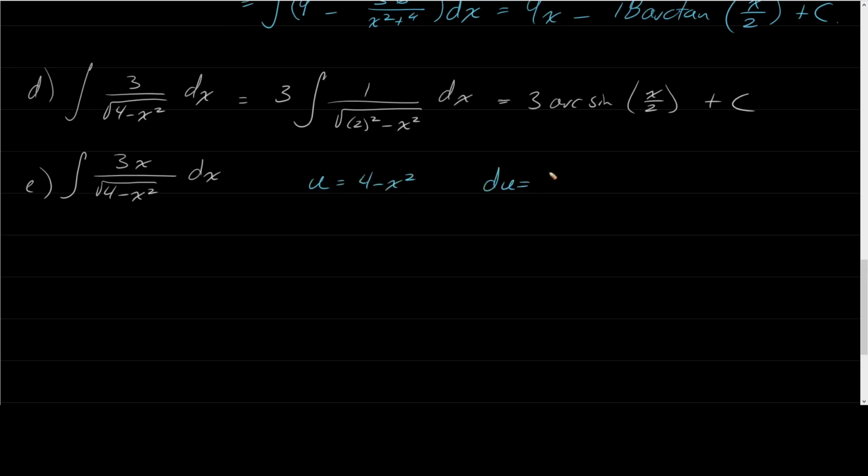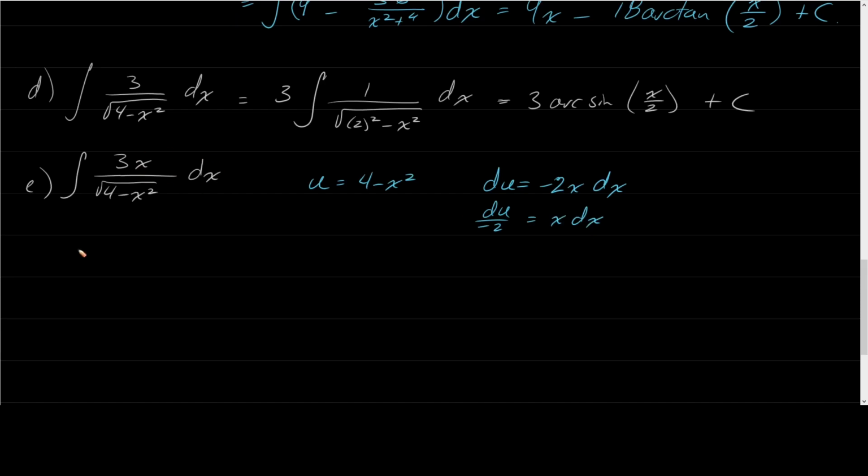That tells us that du would be negative 2x dx. Notice that I already have an x dx over here. So I can solve for that on the right hand side, and I end up with du over negative 2 is equal to x dx. So that would allow us to replace that.